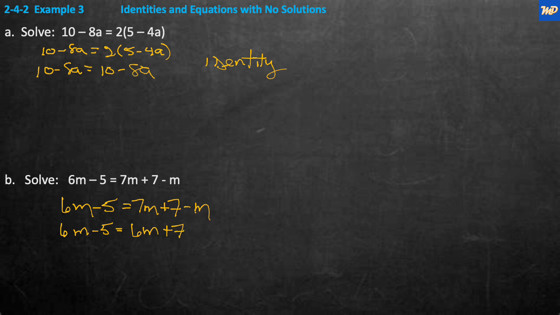Can these two ever be equal? You can never say that, because once you go to move the 6m to the other side, boom, 0. They cancel each other out. This can never be true, because you have 6m minus 5 is equal to 6m plus 7. Can't be true. This is no solution.